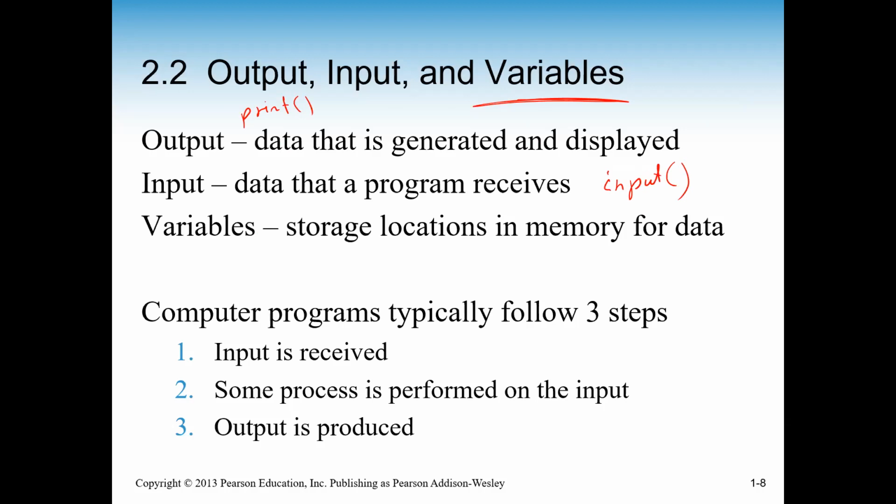Variables, those are just storage locations in memory. Okay, so those can be very complex to set up or very easy depending on the programming language. And so programs will typically follow these three steps. The input is received. You perform some process on the input, and then you get an output.